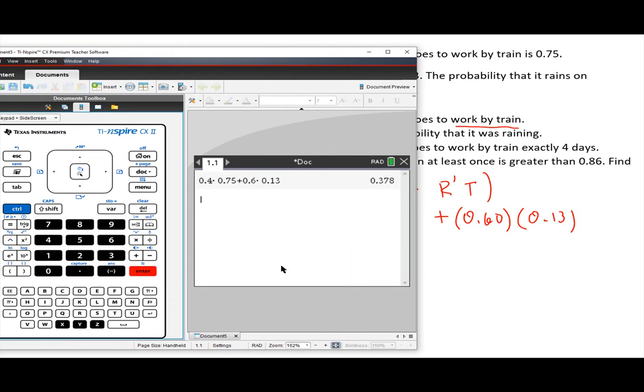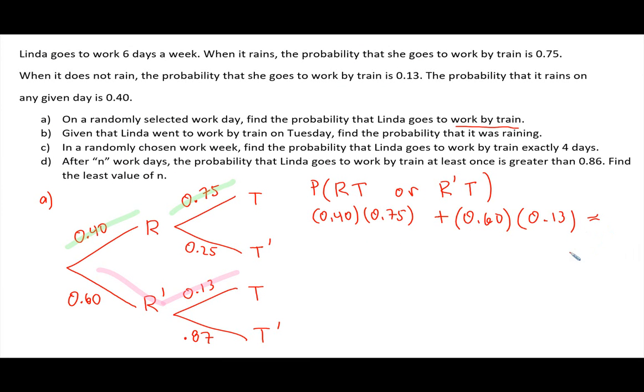Alright, let's make sure we type everything correctly. Looks correct. So we get approximately 0.378. This is our answer for part A. So part A, probability by train is 0.378.